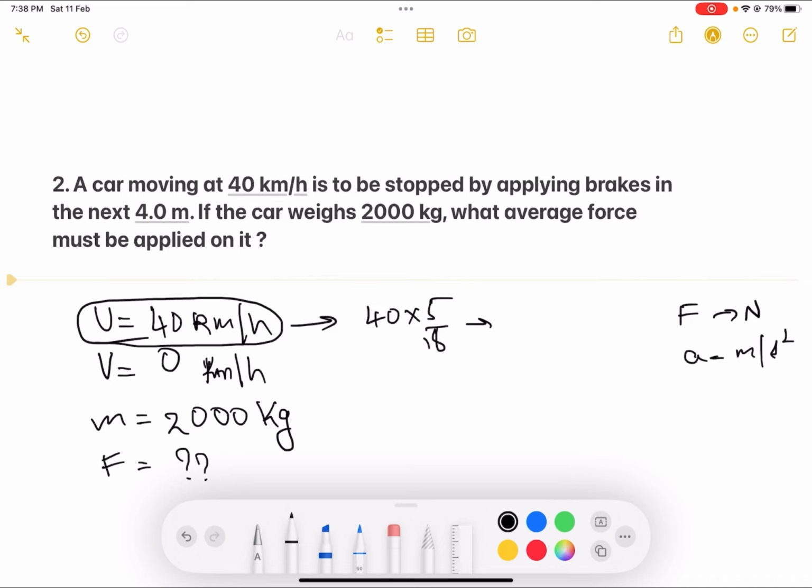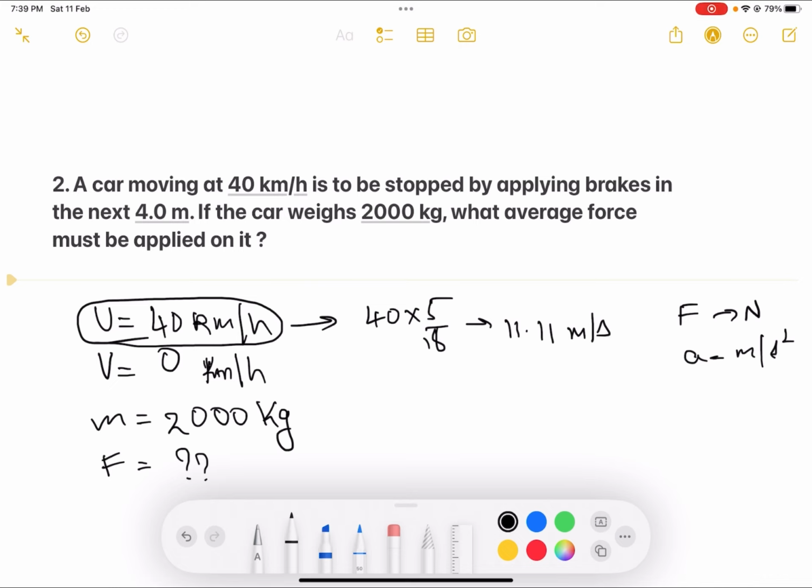Let me just use a calculator. The value is 11.11 meter per second.